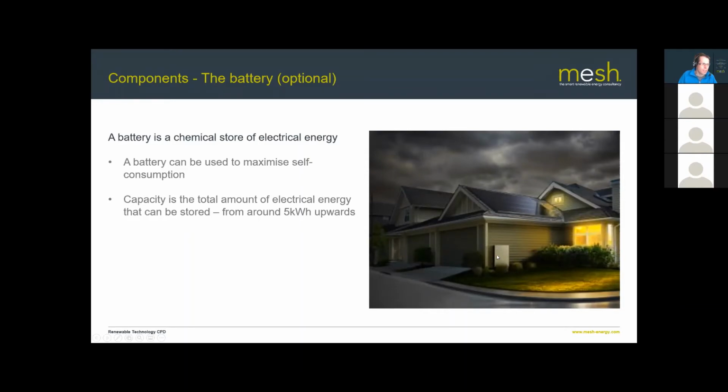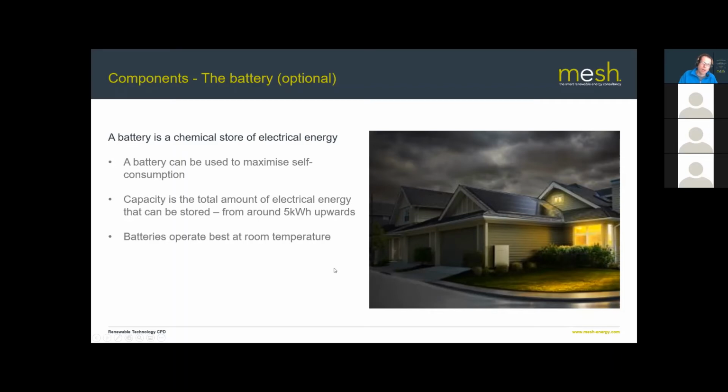What your battery can do is it can sit in the middle of that system, and when you're producing electricity but not using it, store that electricity. And then when you're using electricity but not producing it, you can then pull that electricity out of the battery. As I say, lots of good reasons to use batteries. At the moment, in terms of pure cost, they're about cost neutral.